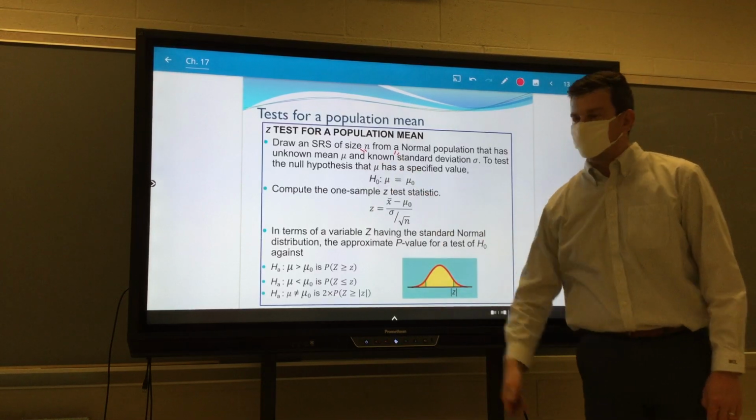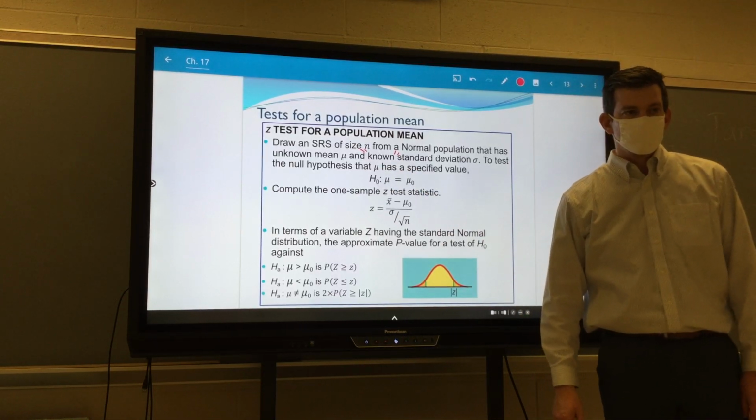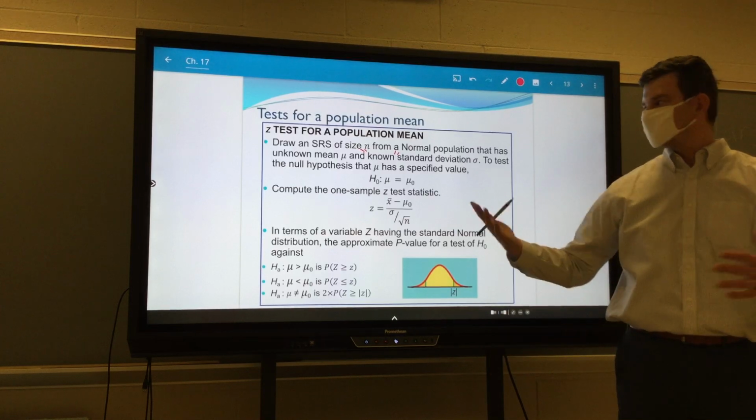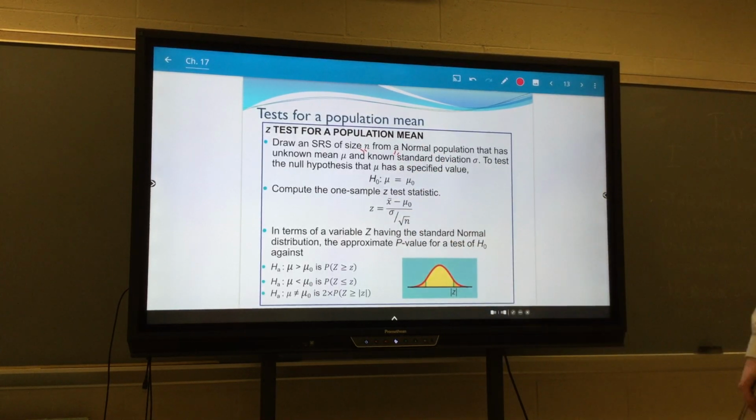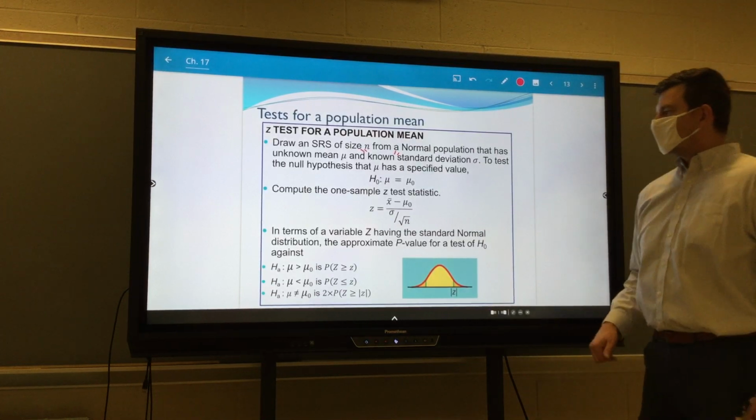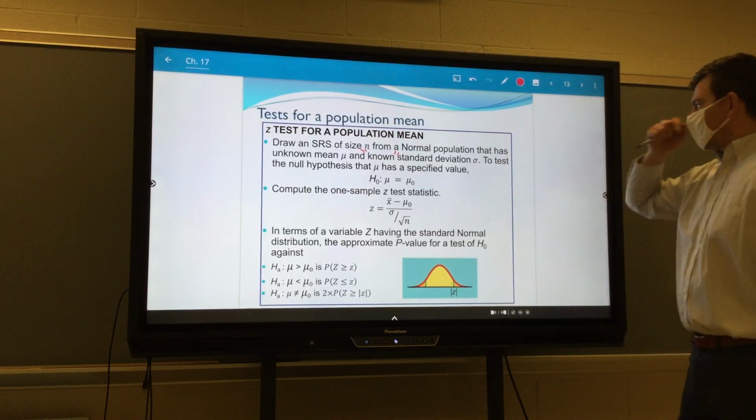When you're admitting that you don't know the population's mean, we're going to be substituting in the sample standard deviation, and we'll clear that up in the near future. But officially, we do know it.